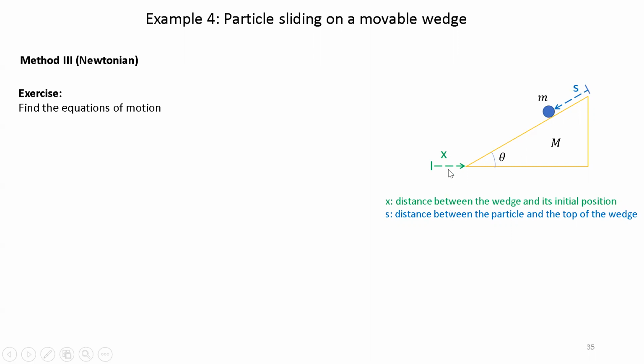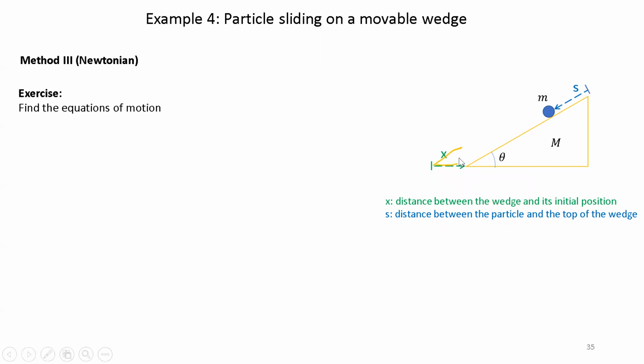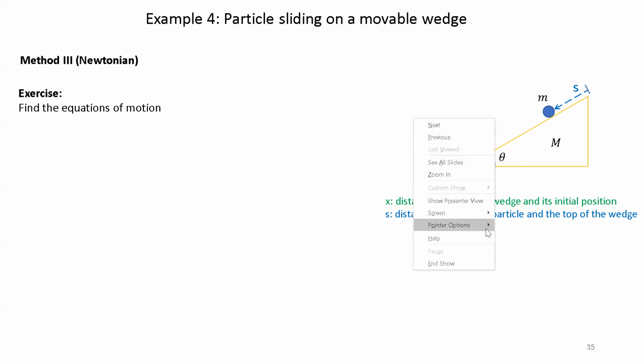Written here, x is the distance between this edge of the wedge and its initial position. Just imagine that initially the wedge is over here, and because it keeps moving to the right, there will be a distance x. So that's the x.